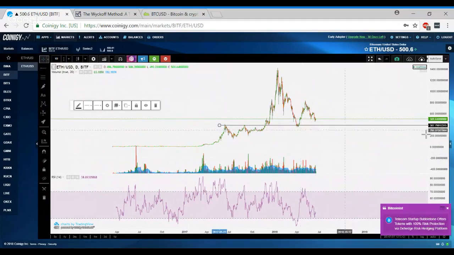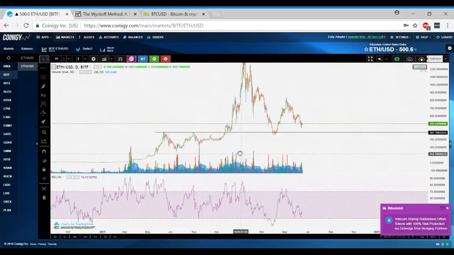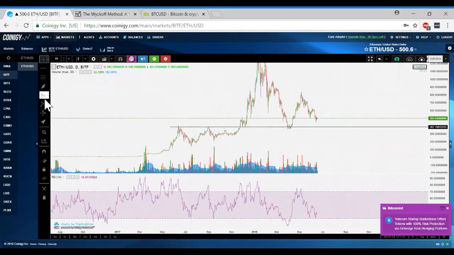I bought Ethereum at 400 USD, which in my personal opinion is sitting at the by far largest support Ethereum has to offer. If we break this level, and you can see that we have tested this level quite some times, it's 1, 2, 3, 4, 5 times, you will see that this obviously is the most important level for Ethereum.